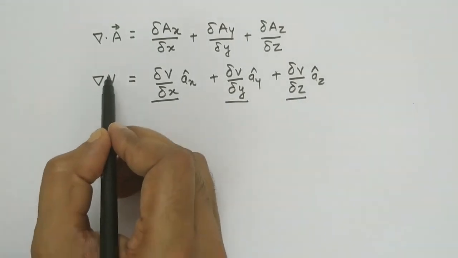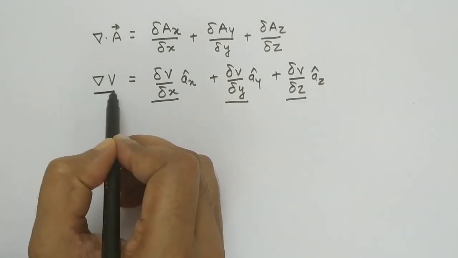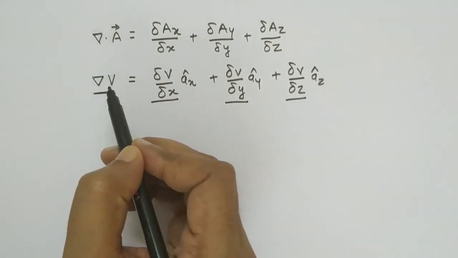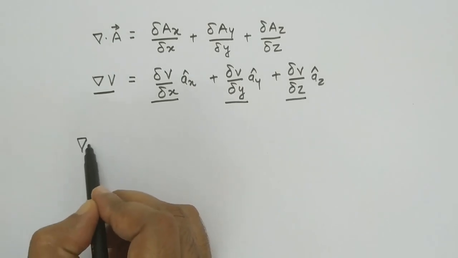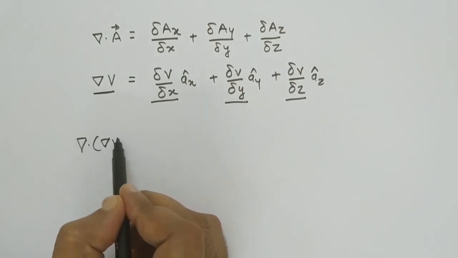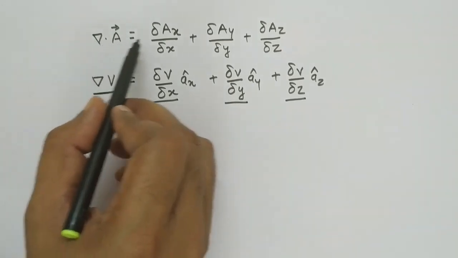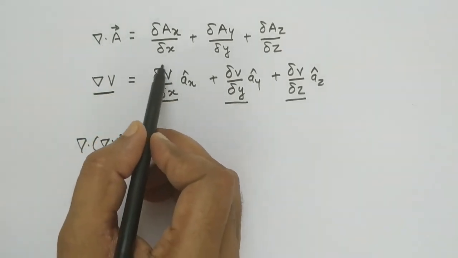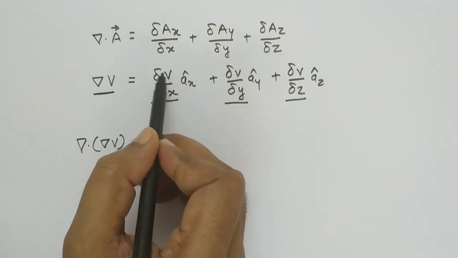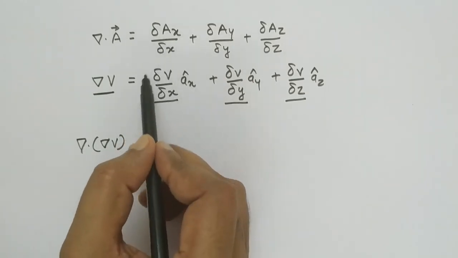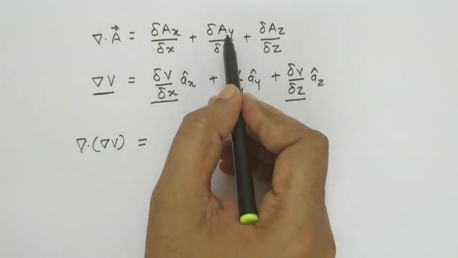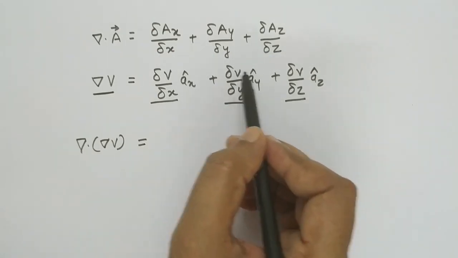So when we take the divergence of this particular vector, we apply the divergence formula, and we have AX as this value. So in place of AX, we put this. In place of AY, we will put del V by del Y, and so on.